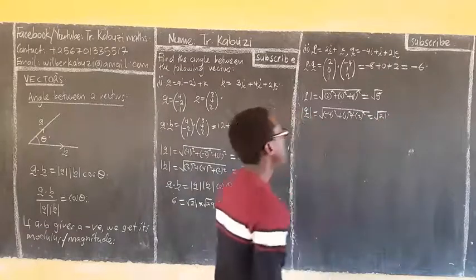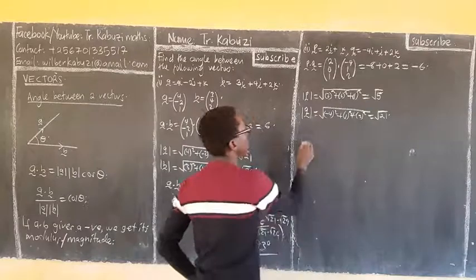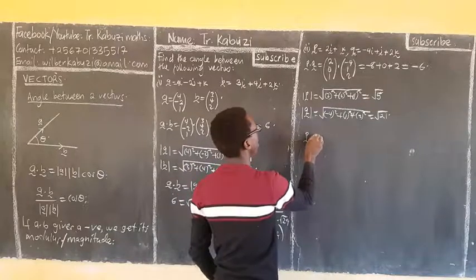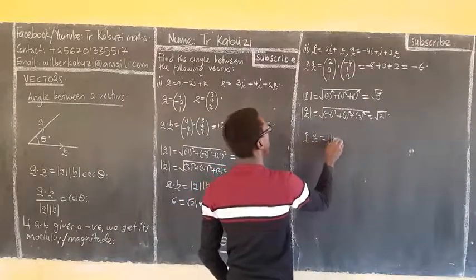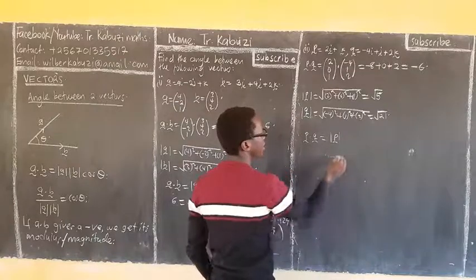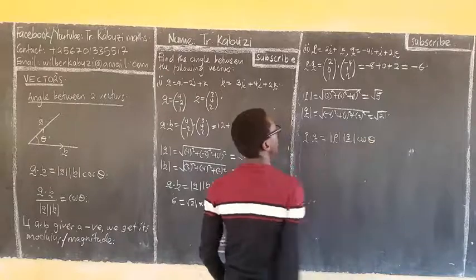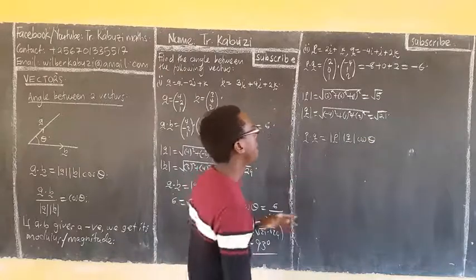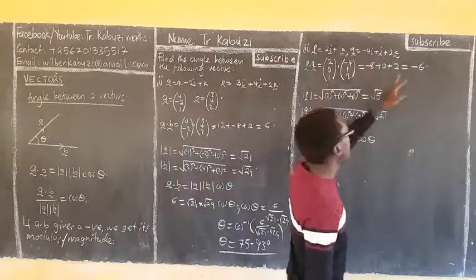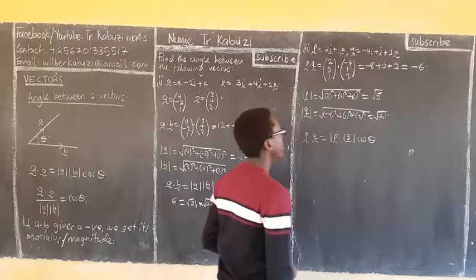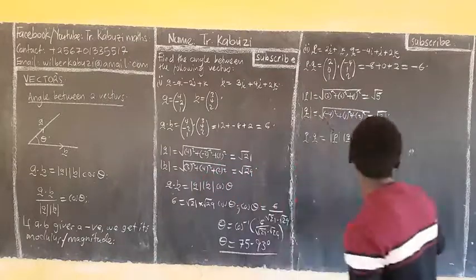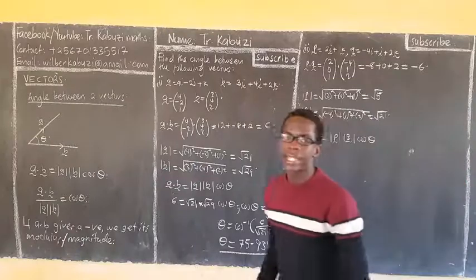Then I know that the angle is given by P dot Q equals modulus of P times modulus of Q times cos of that angle. But now I see that my P dot Q is negative. Since it's negative, we take its modulus.